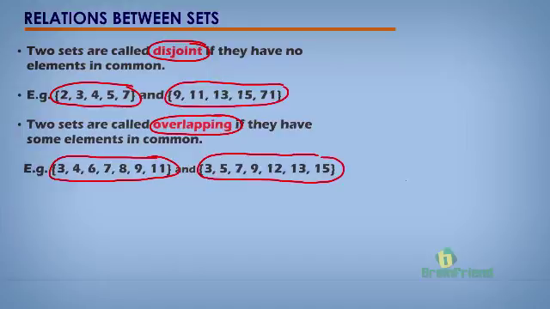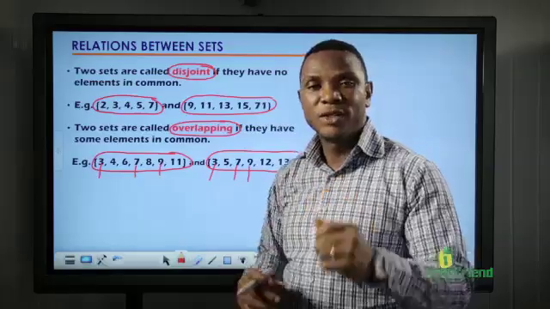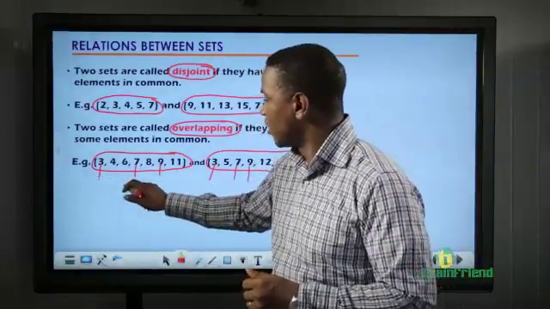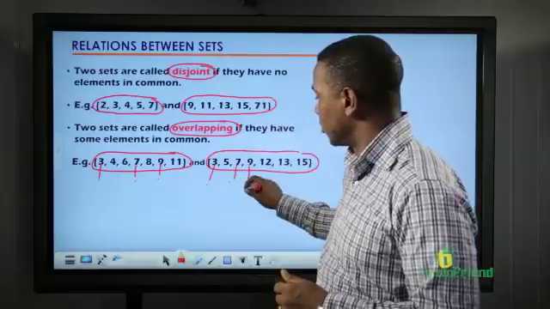If we do a quick comparison, we'll find that 3 is present in both sets. We also have 7 present in both sets. We have 9 present also in both sets. We say such sets are overlapping because they have some of their elements in common.